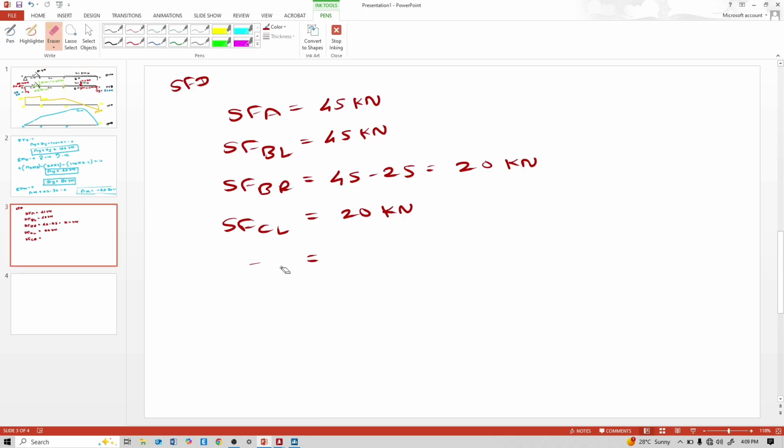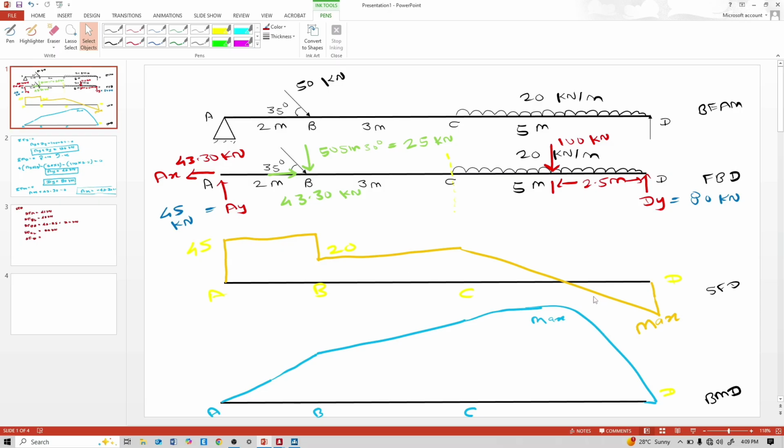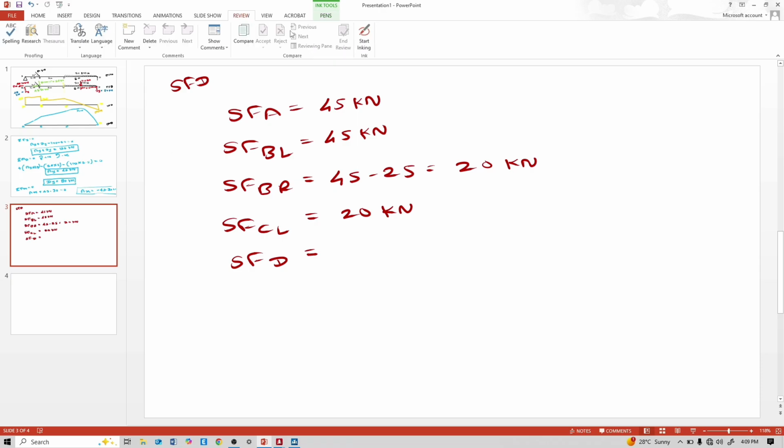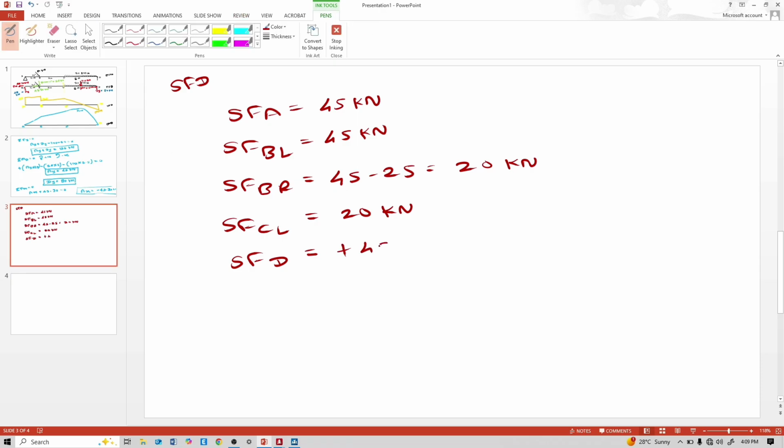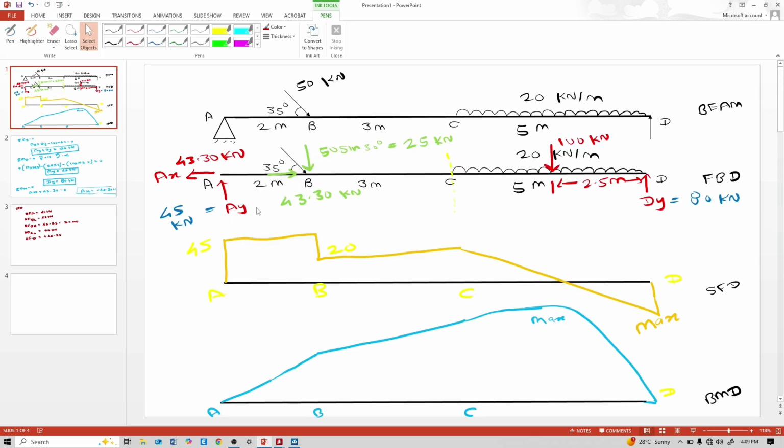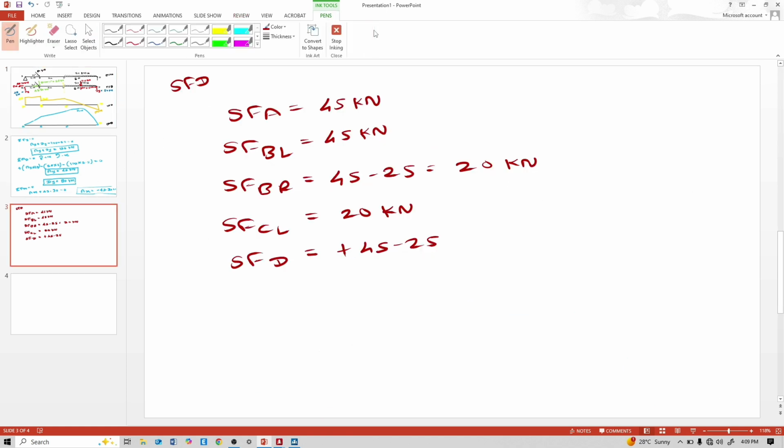Towards right, so we directly calculate shear force at point D. Shear force at point D is plus 45 minus 25 minus 100, it is minus 80 kilonewton.